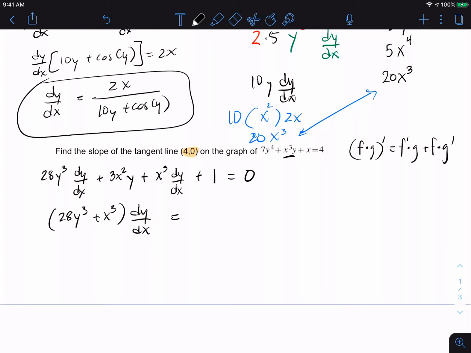I factored out dy dx out of both of those. The other two need to go to the other side, so I'm going to get a minus 1 minus 3x squared y. Are we okay with that? This has no dy dx, this has no dy dx, so when it goes to the other side, it has to change signs.